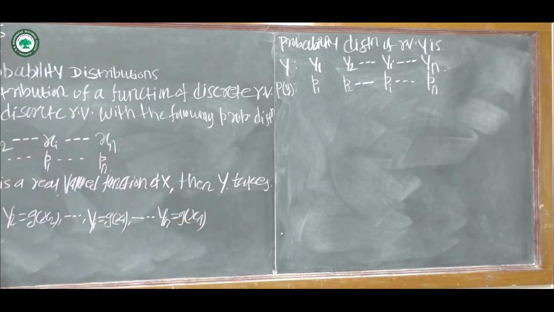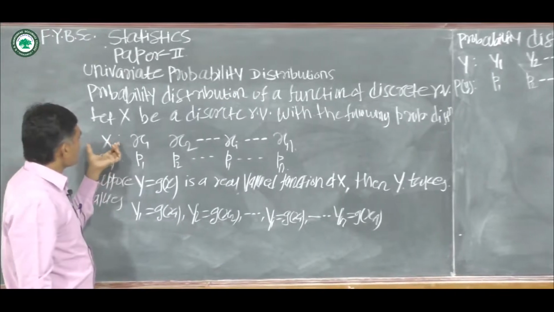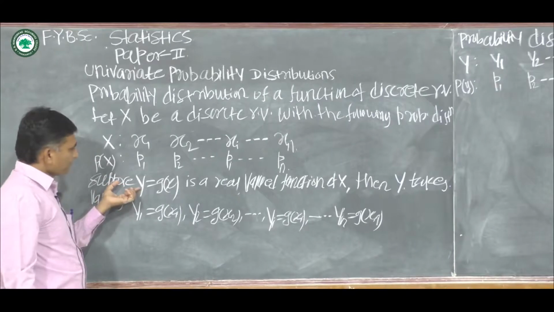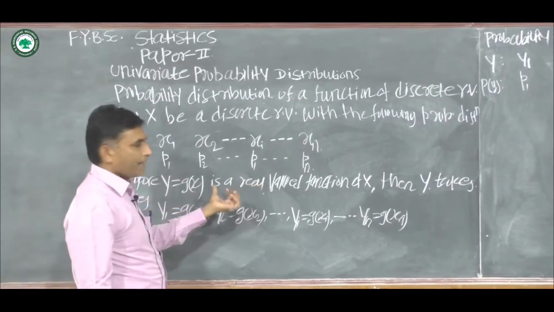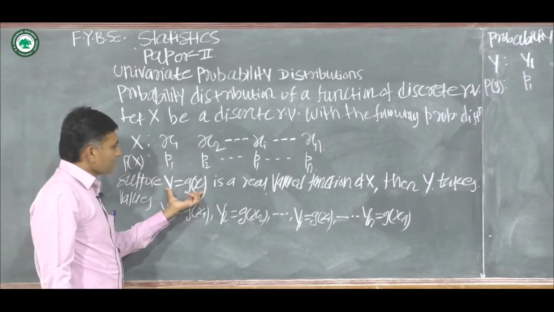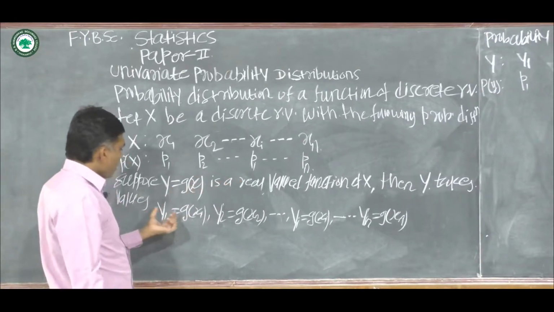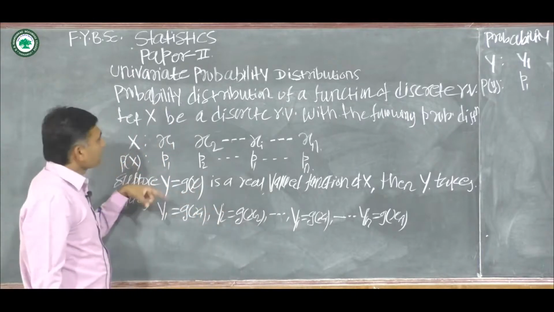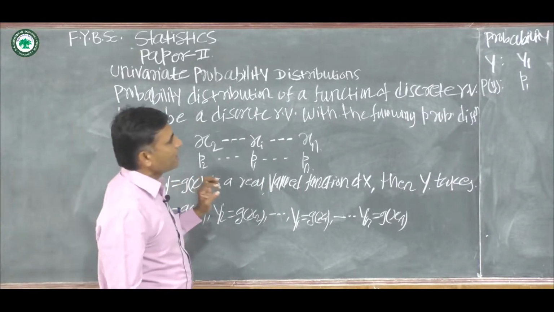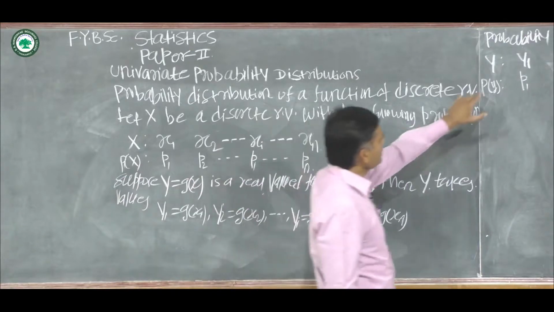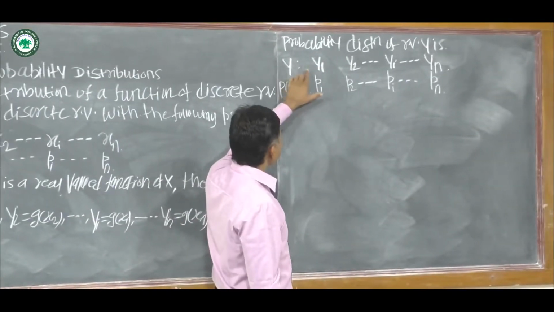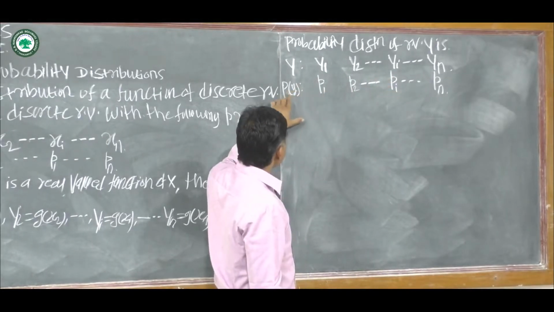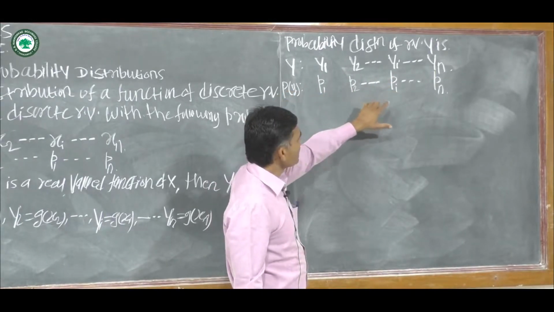It means if we have a probability distribution of random variable x, and Y is a real valued function of x, that is Y equal to g of x, then the possible values of Y are y1, y2, yn, and we have to find the probability distribution of random variable Y. The possible values are y1, y2, yi, yn, and the corresponding probabilities are p1, p2, pi, pn.